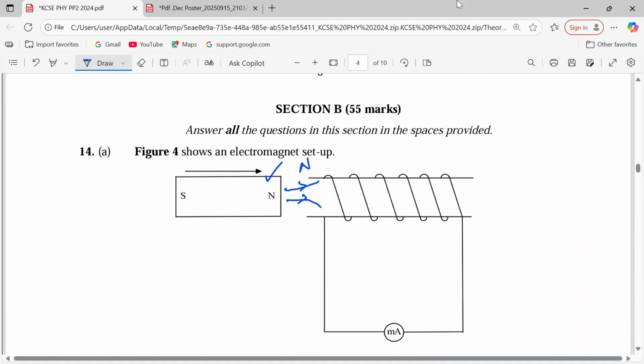In other words, the magnet produced will have a pole which is the same as the pole of the magnet at that particular end, so that the change produced opposes the change causing it according to Lenz's law. So this is how the current shall now flow. That's how the current will be flowing.